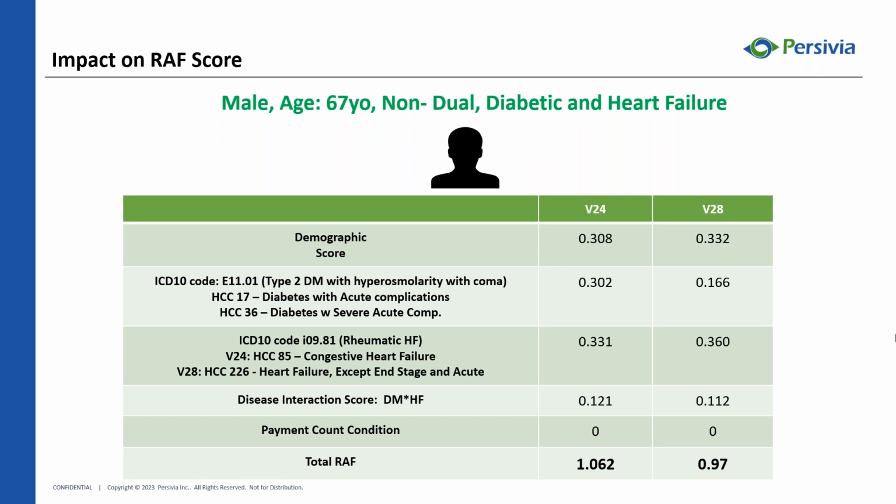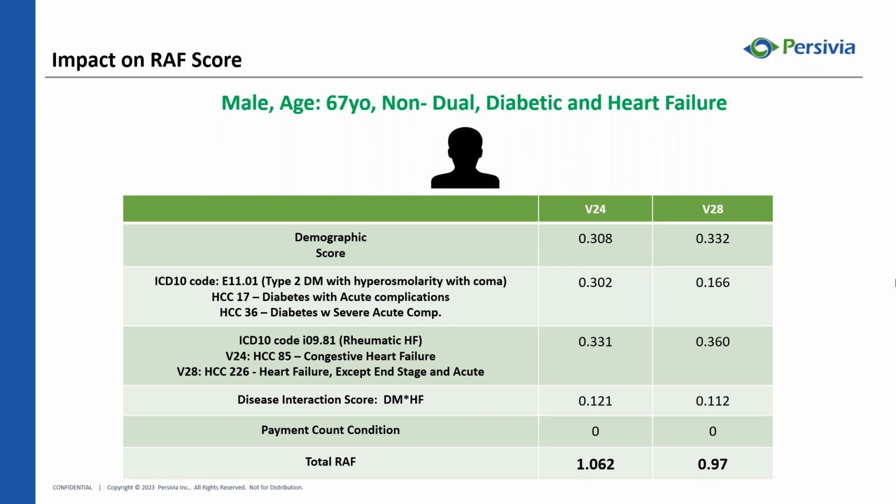You will notice that even if a diagnosis is an HCC in both versions, the actual RAF and HCC may be different. For example, diabetes with acute complications has a higher RAF in version 24 than version 28, because all the diabetes under version 28 are constrained to 0.166.